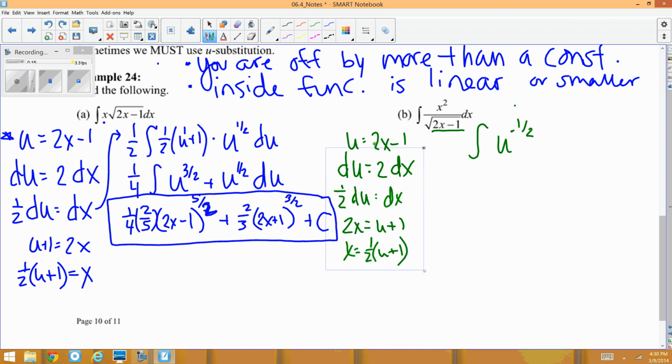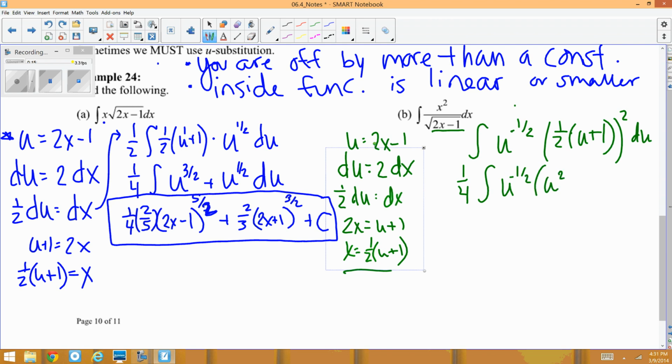And now look at this, I don't have x squared, right? But I do have x, so I can write that as 1/2 times u plus 1 quantity squared du. Alright, so I'll square that 1/2 and pull it out to the front. Then I can distribute, okay? But not until I multiply this out.